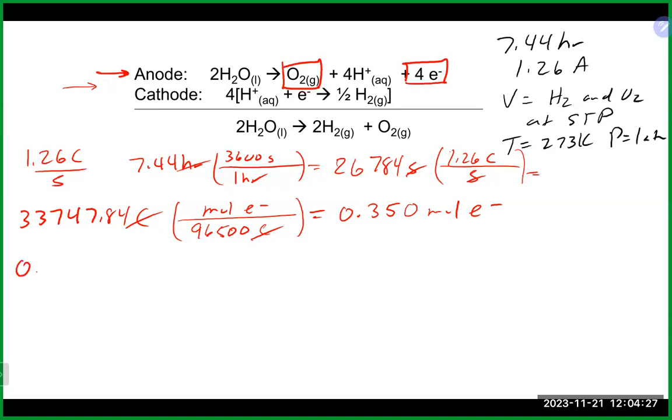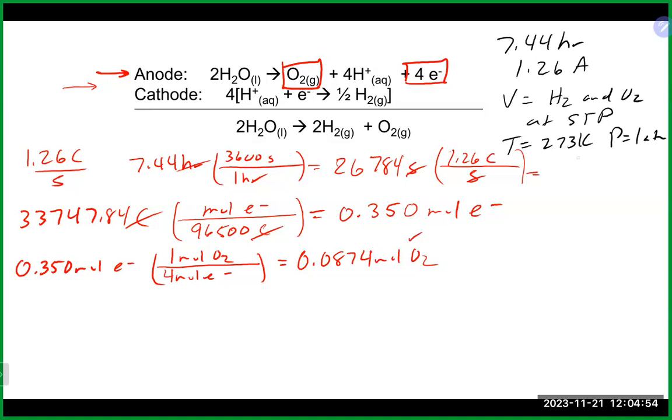So taking our number of 0.350 moles of electrons, using really the stoichiometry from the balanced half reaction, 4 moles of electrons gives us 1 mole of oxygen. Dividing that by 4, going to get us something like 0.0874 moles of oxygen.